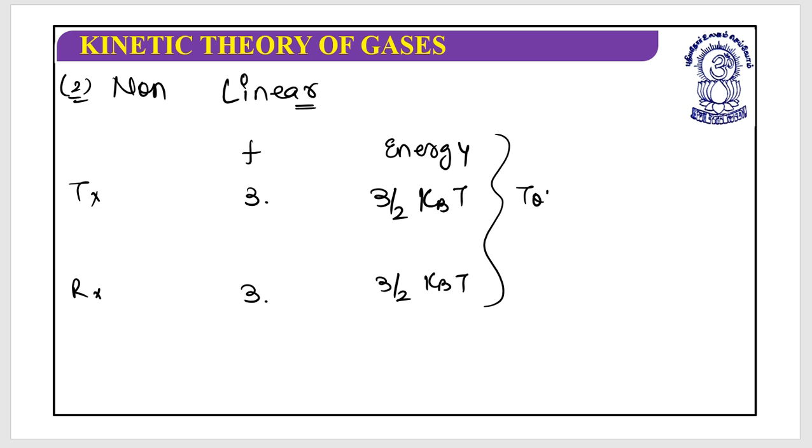When I add these, 3 by 2 plus 3 by 2, it is 3 kBT. This is the total energy possessed by polyatomic non-linear gases. I hope this is clear.